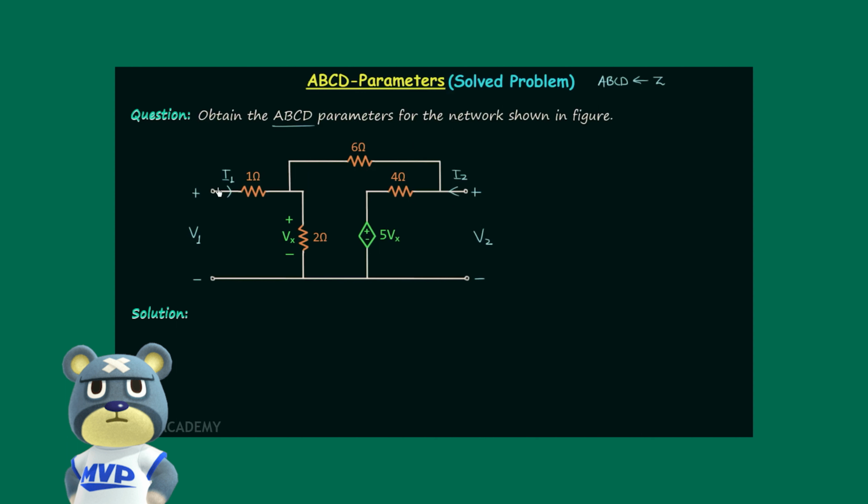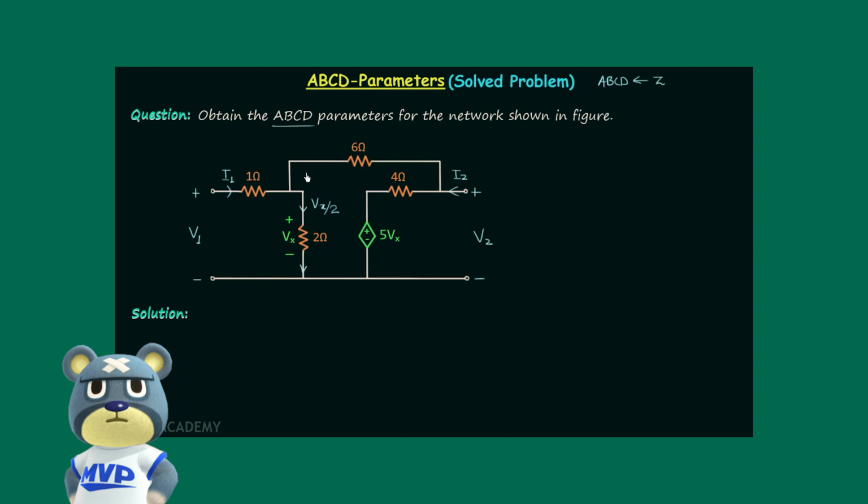Now we know the current in this branch, it is I1, and we want to find out current in this branch, and in this branch. We can easily have current in this branch because across the 2 ohm resistor the voltage is Vx. Therefore, current through the 2 ohm resistor will be Vx divided by 2, and the direction of this current will be top to bottom, because in a resistor power gets dissipated, and therefore current will enter the positive terminal and leave the negative terminal.